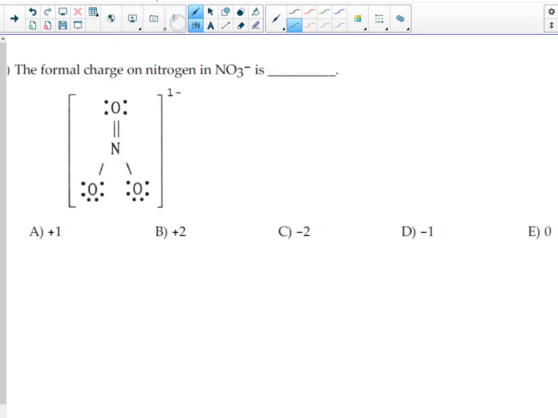Just quickly, to help us review, 1, 2, 3, 4, 5, 6. So what's the formal charge on this one? That's a 0, because I just cut those in half. 1, 2, 3, 4, 5, 6, 7. So what is it here? -1 and -1. And what did we say nitrogen was? +1.